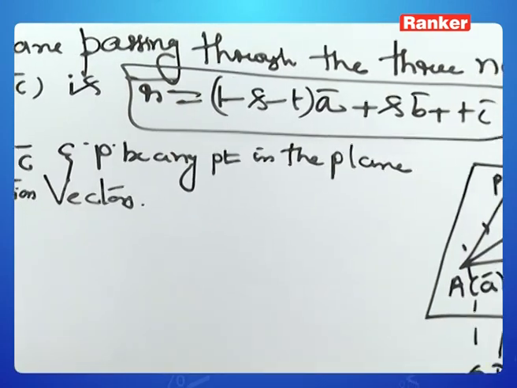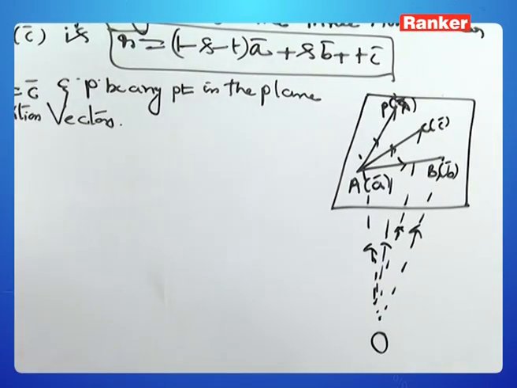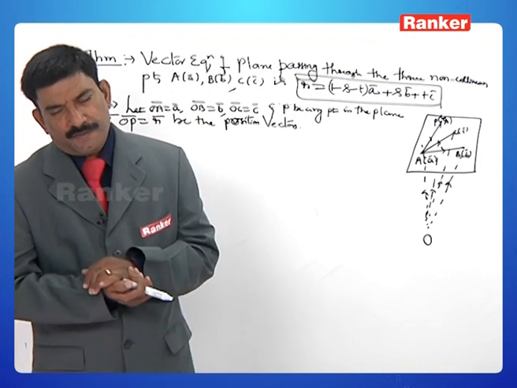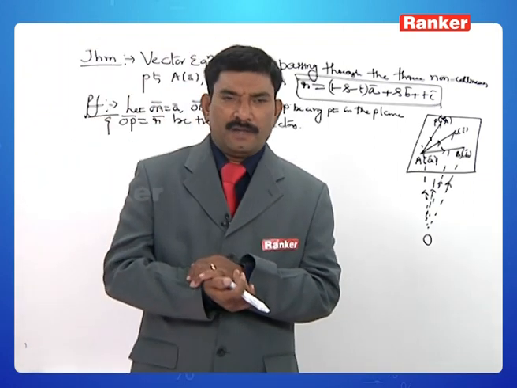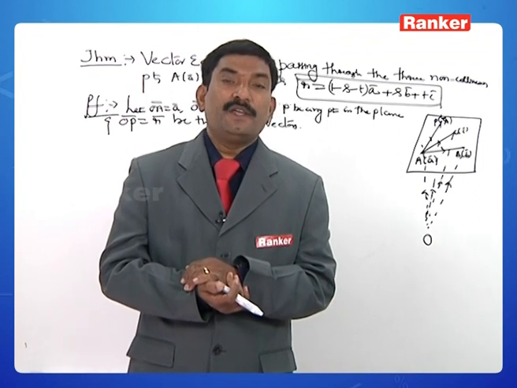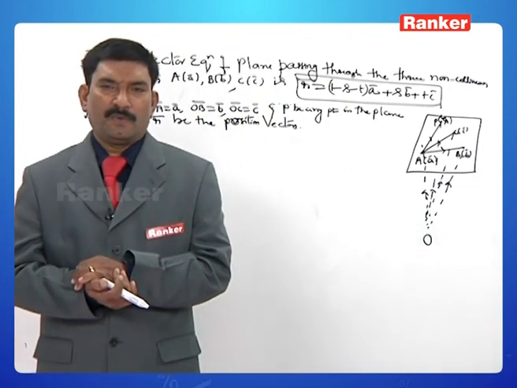OP bar is equal to R bar. Be the 4 position vectors of 4 points. From 4 position vectors, we can construct 3 vectors. They must be co-initial vectors.